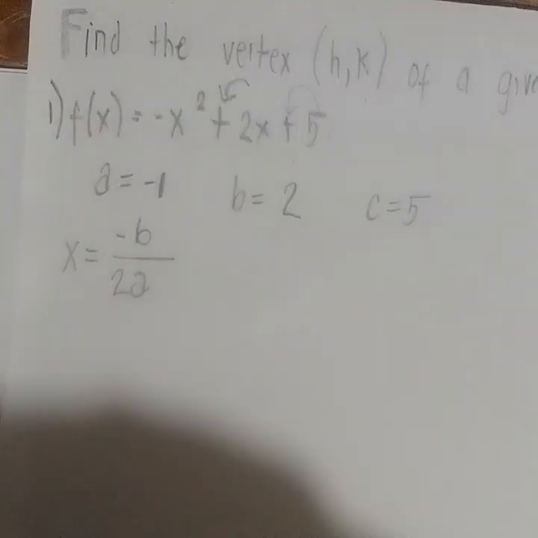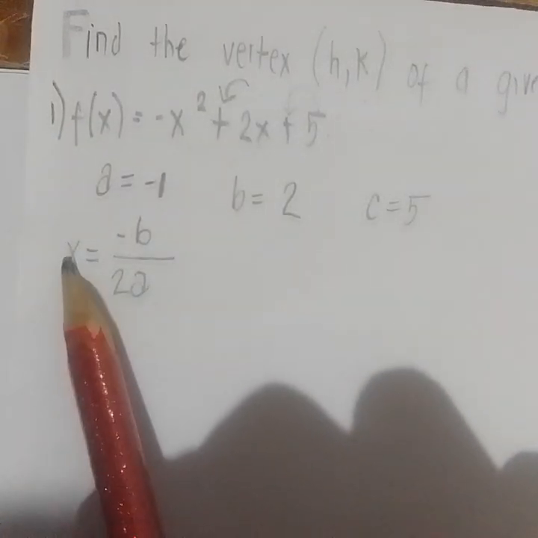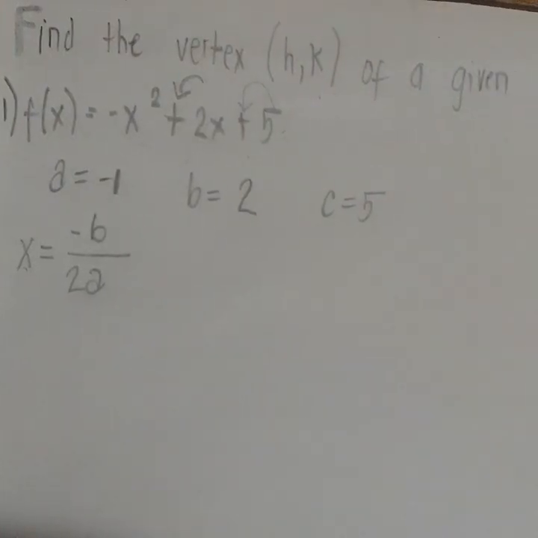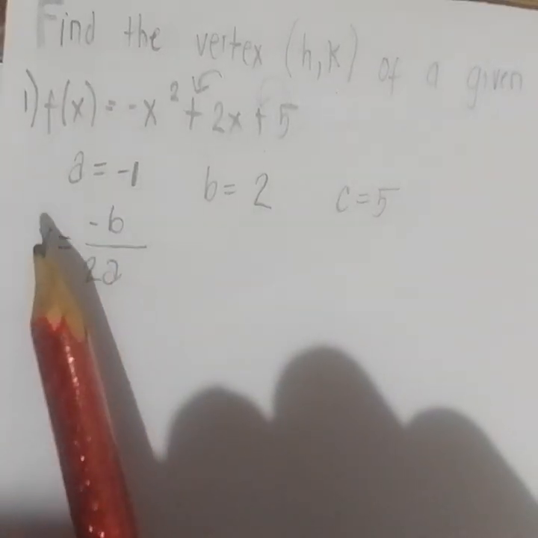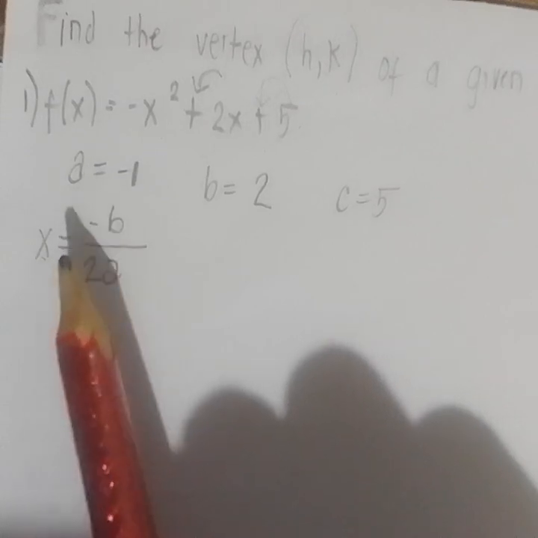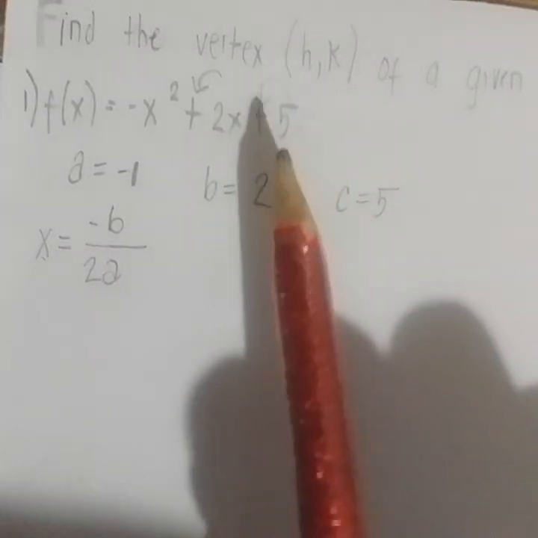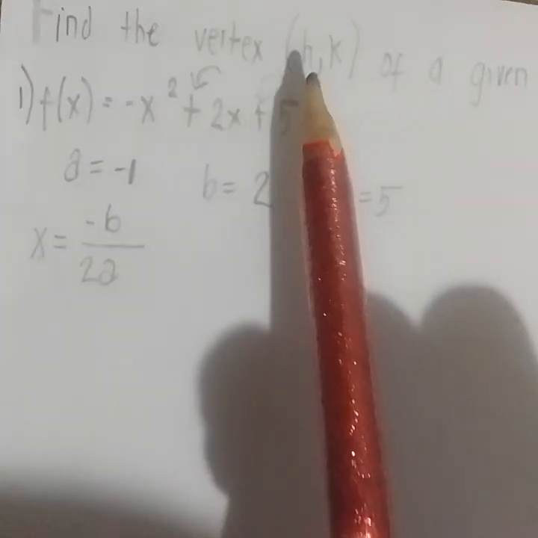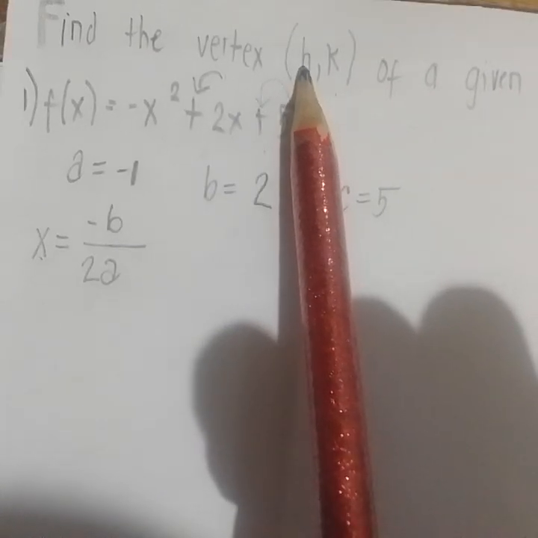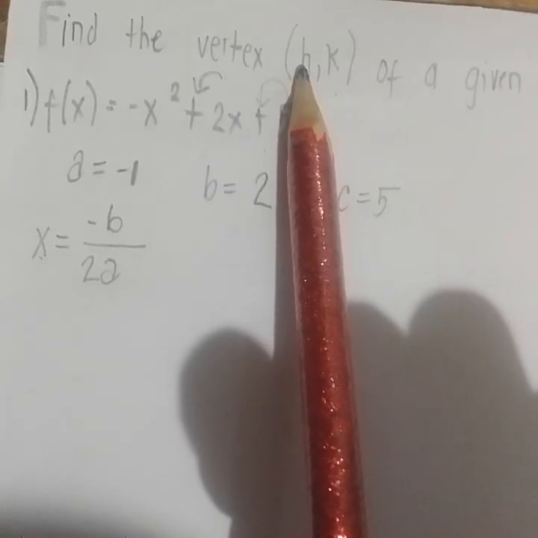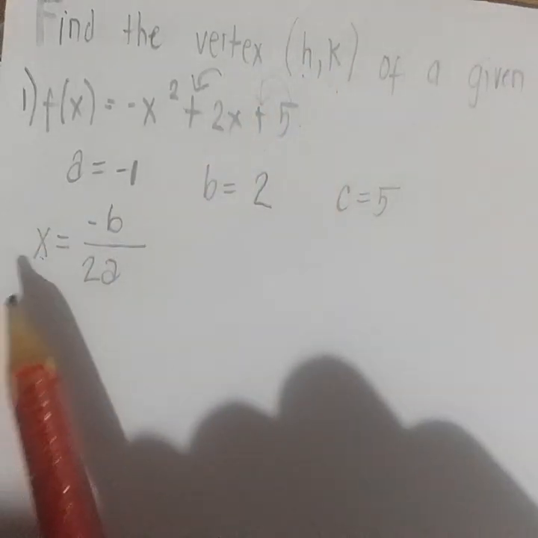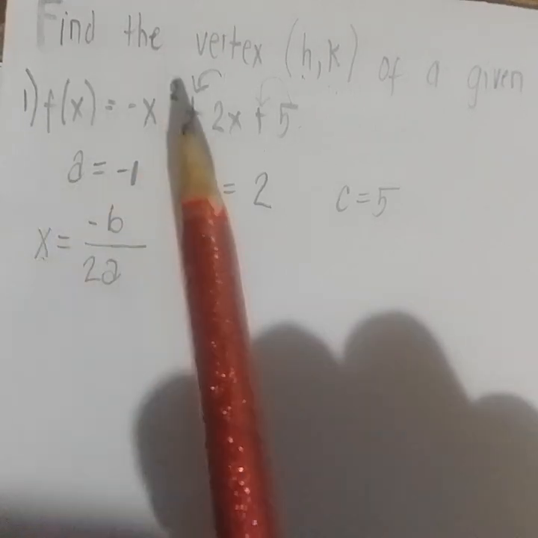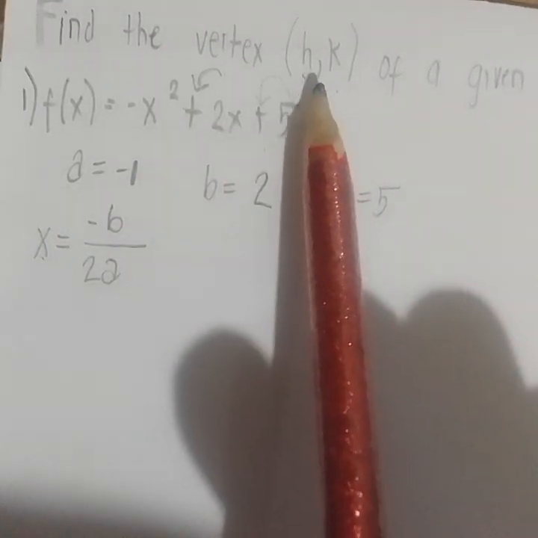This equation is the formula to find the x coordinate of our vertex, or the value of h. H is for the x coordinate and k is for the y coordinate of our vertex. So we will find the value of x in order to find the value of h.